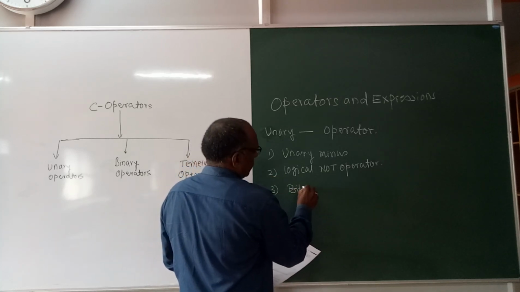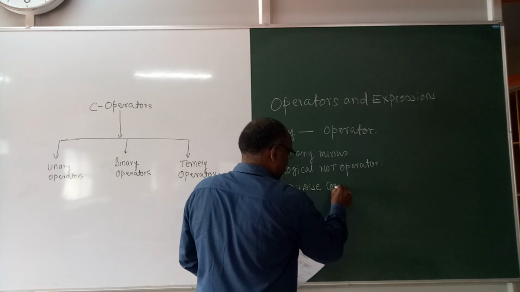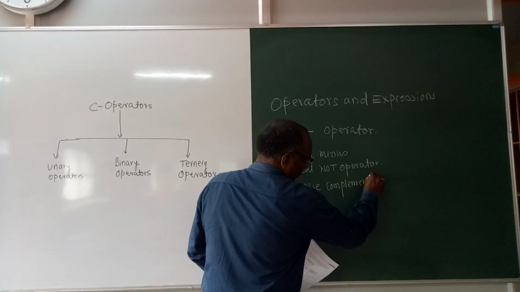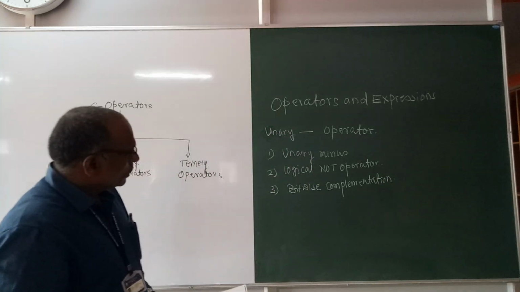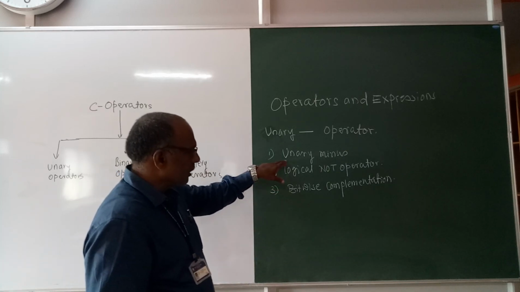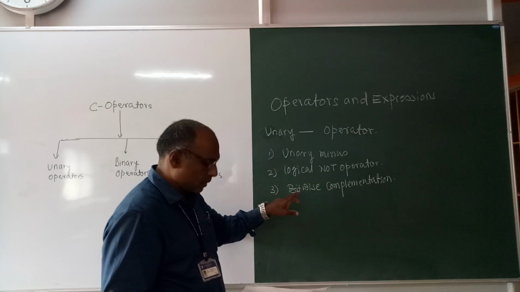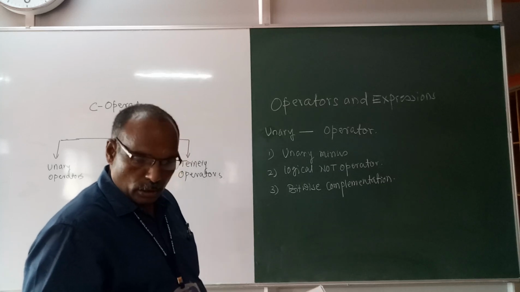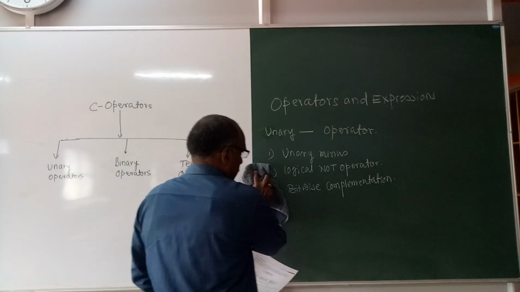The third is bitwise complementation. These unary operators are classified into three types: unary minus, logical not, and the bitwise complementation operator. Let us go for the first one, the unary minus operator.